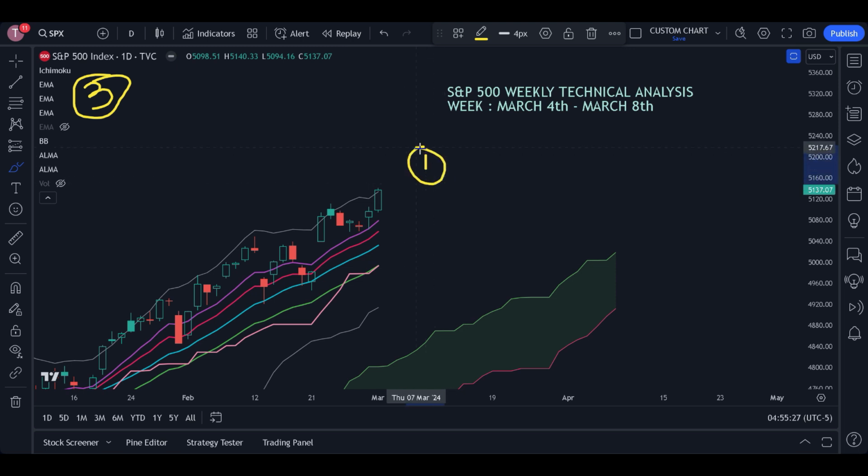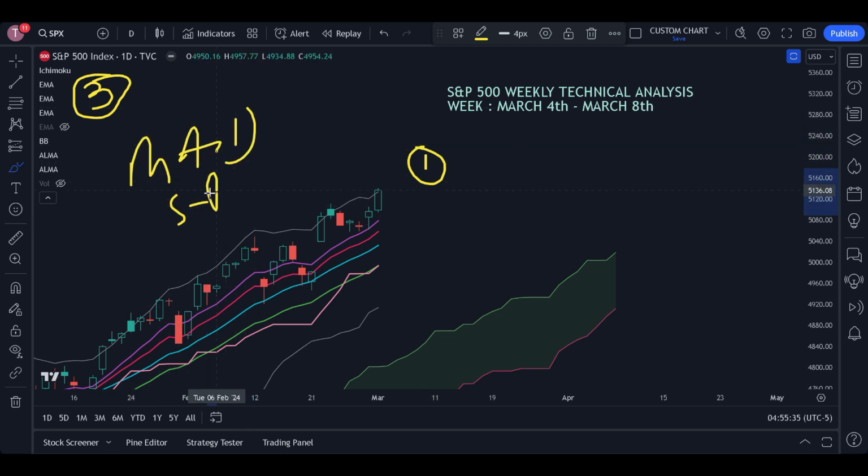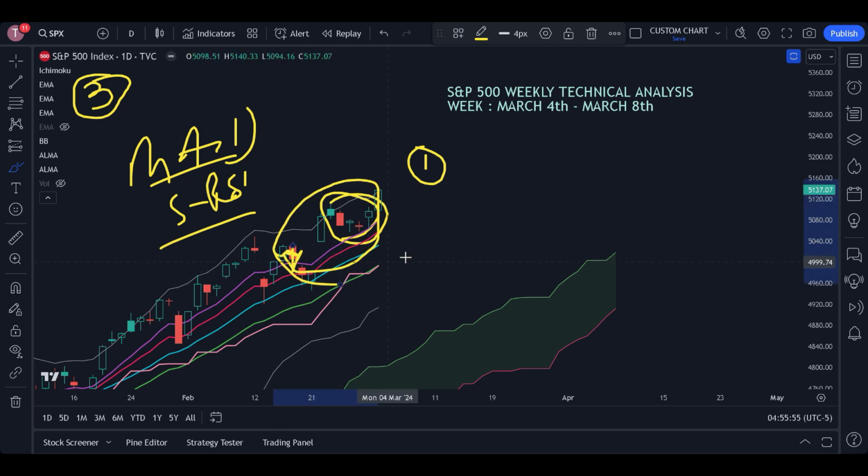In the second point of the agenda, I showed you that the MACD and the stochastic RSI are struggling to give a linear or clear movement, either on the bearish side or the bullish side. This happened specifically in the last week, and it started from somewhere around here.